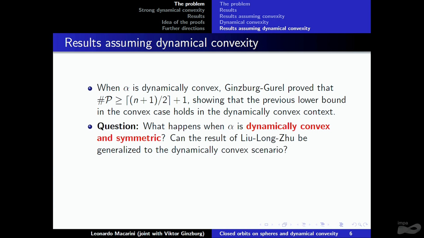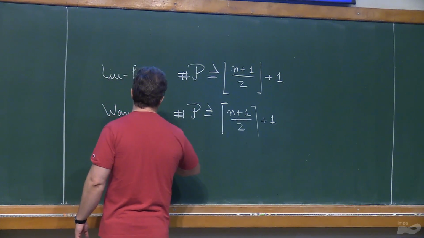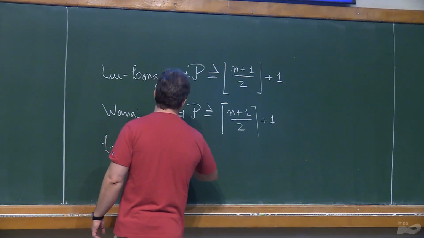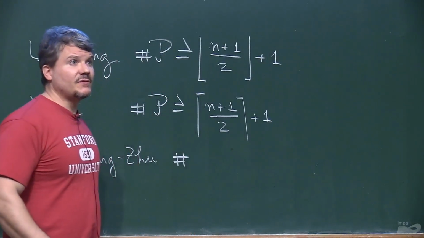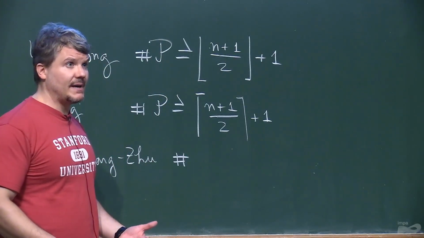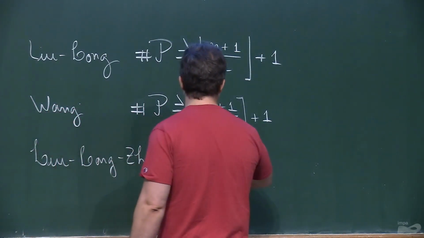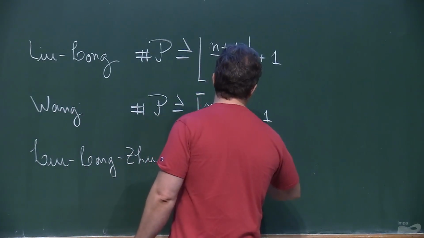So the natural question is, well, we know from Liu Long Zhu that in the case that the contact form is convex and invariant by the antipodal map, the conjecture is true.